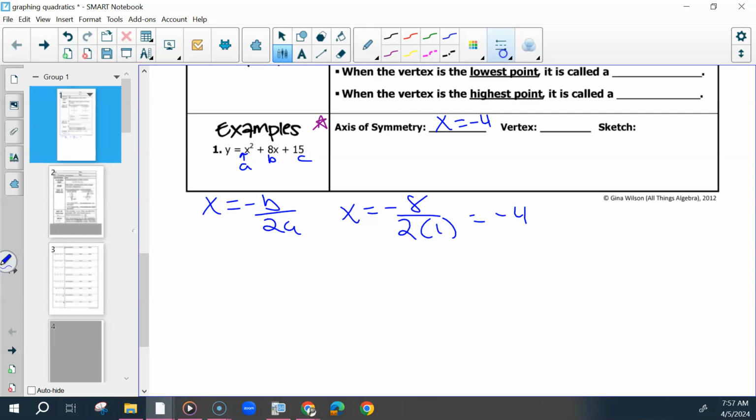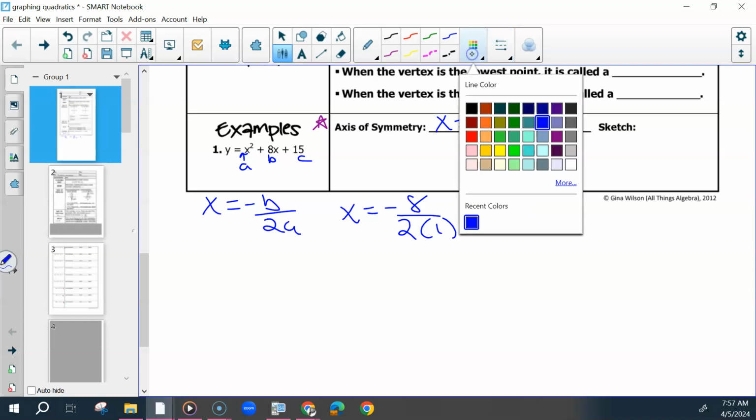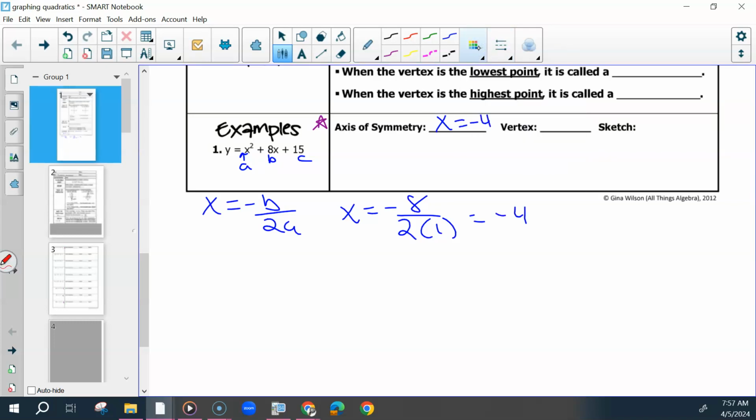Then we're going to use that to help us find our vertex. We're going to take that number and we're going to put it in for all the x's we see. Make sure you're using parentheses for your negative numbers.